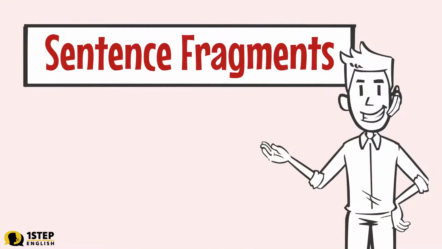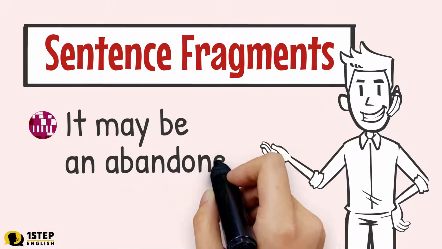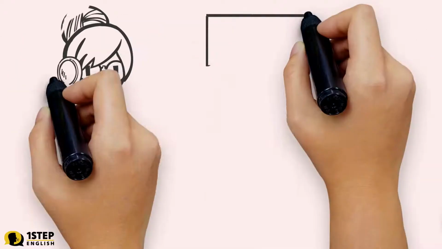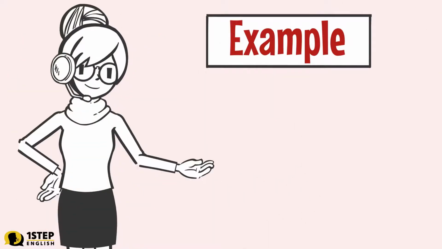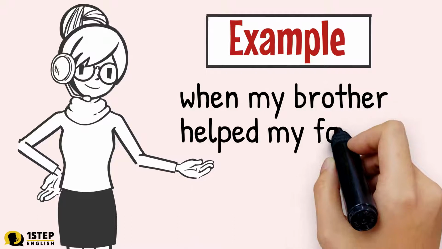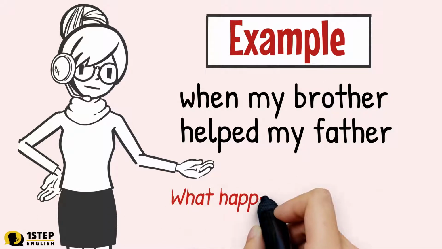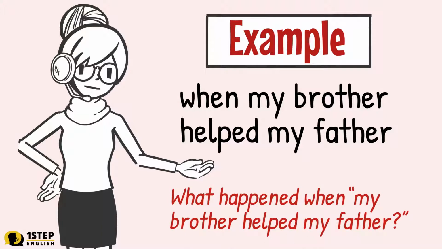You may identify a sentence fragment with the following. A sentence fragment may also be an abandoned clause. For example, when my brother helped my father. This may ask, what happened when my brother helped my father?